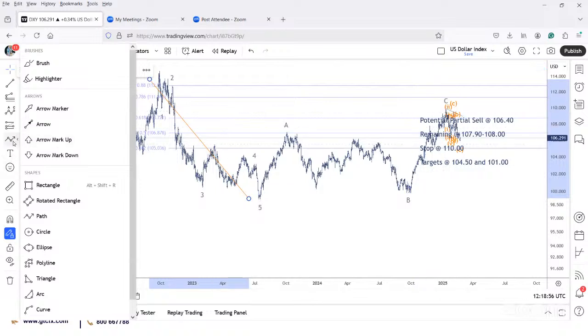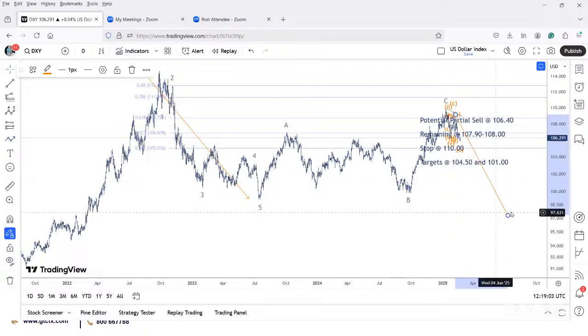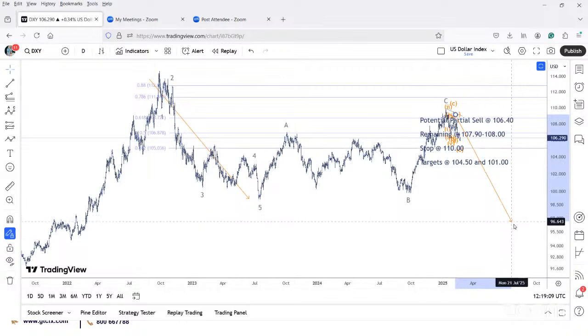So we are either in the third wave or the C wave, and it's projecting towards 97 at least. That magnitude and this magnitude would be almost equal. At least 97, possibly 95, 93 as well. So a potential 10% plus correction could be seen in the dollar index, and exactly the opposite for the euro.